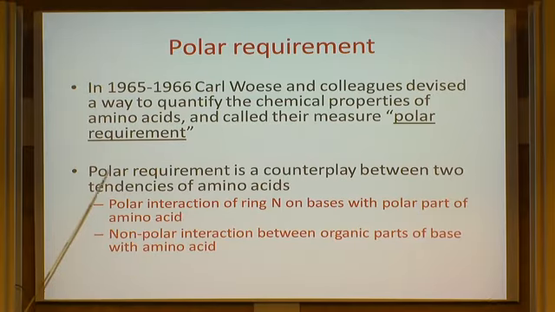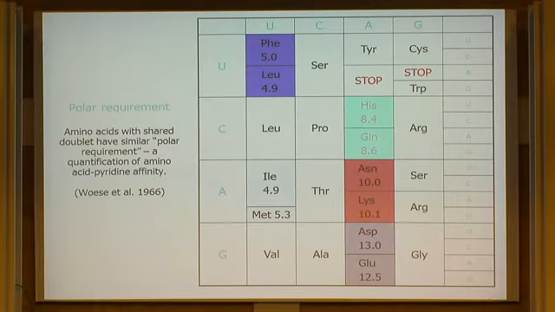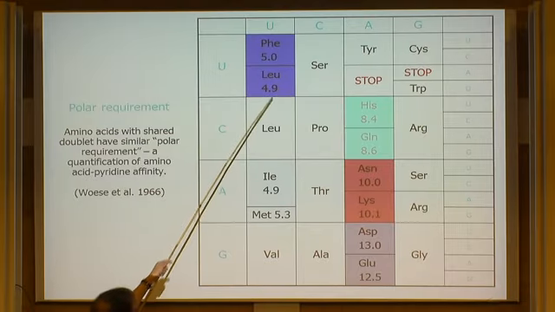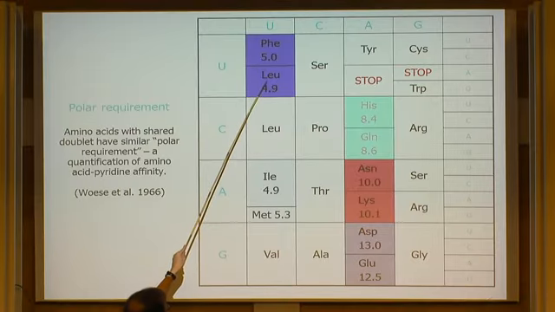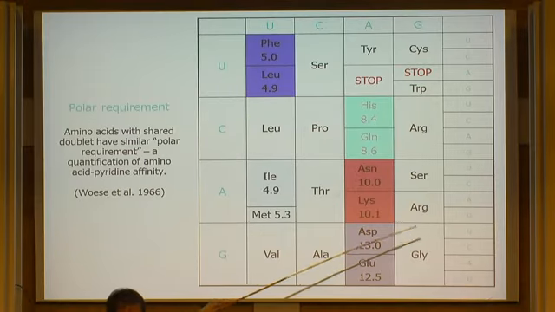The polar requirement is a sort of counterplay between polar and non-polar interactions of the amino acids. But for our intents and purposes, it just measures the balance between hydrophobicity and hydrophilicity, and essentially it's a number, that's all you need to know. It's a number that is small over here and large over here. Okay, so that's the polar requirement.